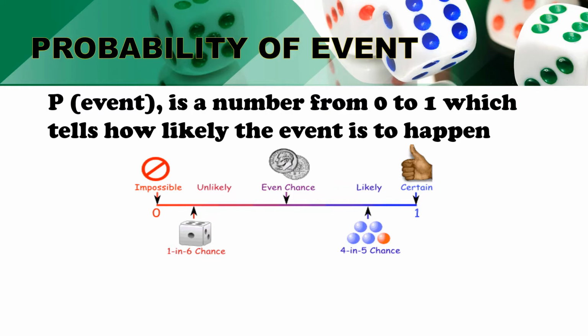And all of the numbers in between 0 and 1 is called the probability of event. So it will tell how likely the event will happen. So nandyan unlikely, it could be even chance or likely to happen. Again, probability is always between 0 to 1.